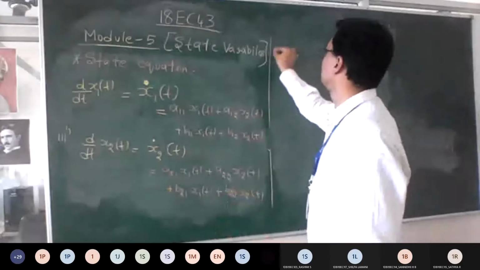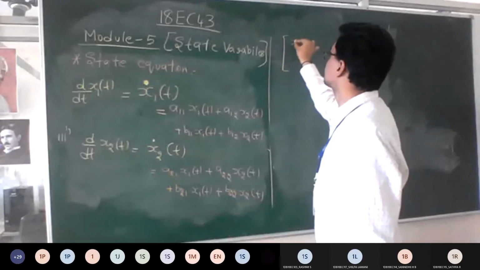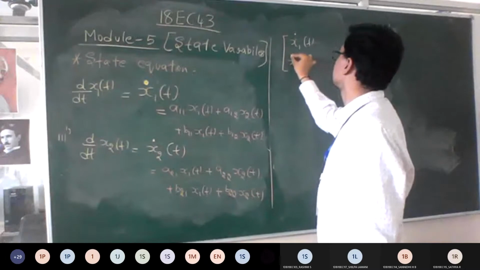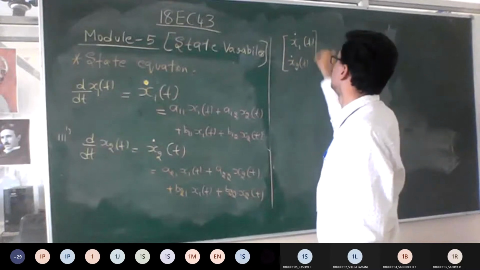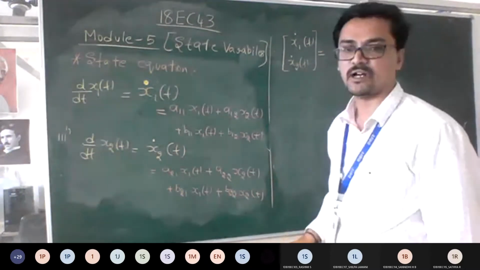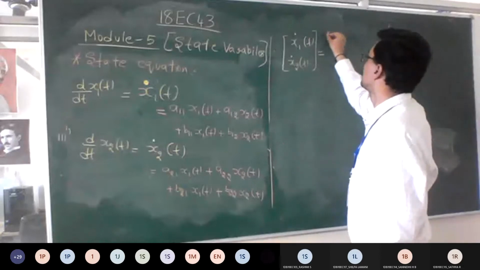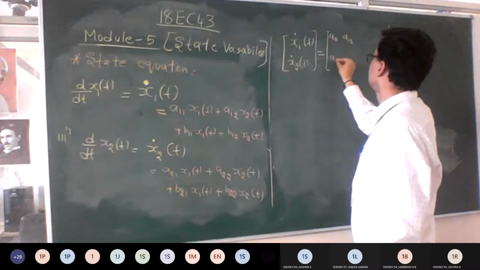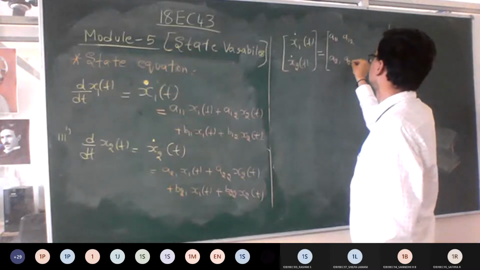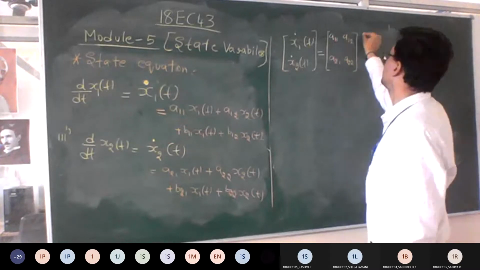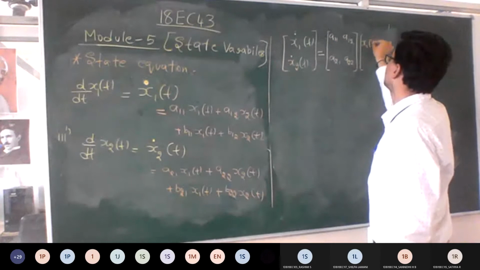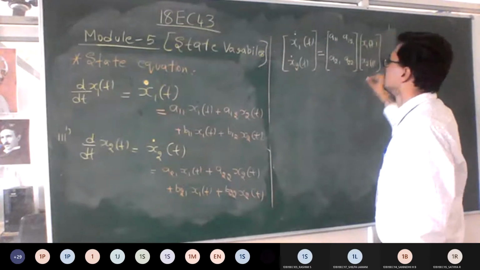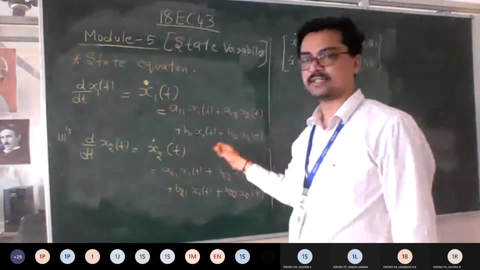So you can write x1 dot of t, x2 dot of t, which is nothing but, as we wrote earlier, the coefficients A11, A12, A21, A22, multiplied by the corresponding x1 of t, x2 of t.